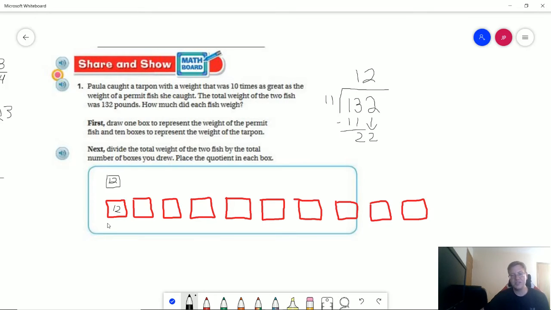I'm not going to take the time to do that because I can do 12 times 10 to get 120. And so the weight of my tarpon, I'm going to represent that as the letter T, would be equal to 120 pounds. The weight for my permit fish would be 12 pounds. And then the answer would be the name of the fish and the weight for both fish.